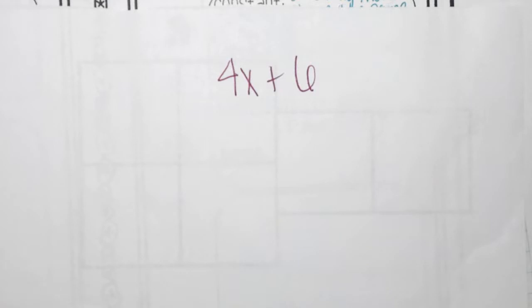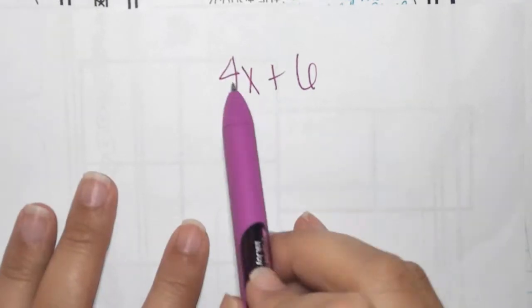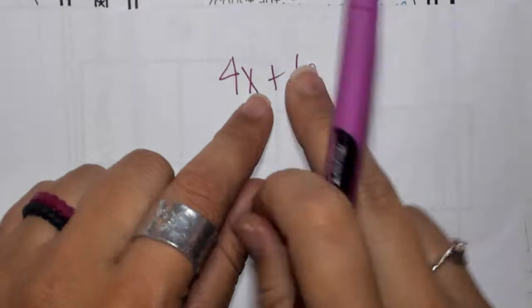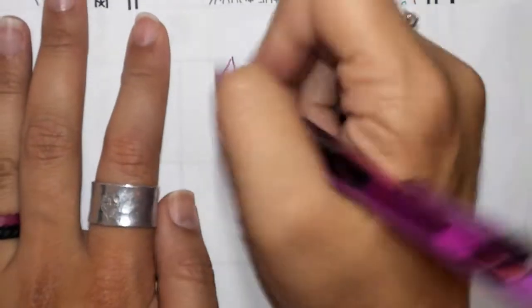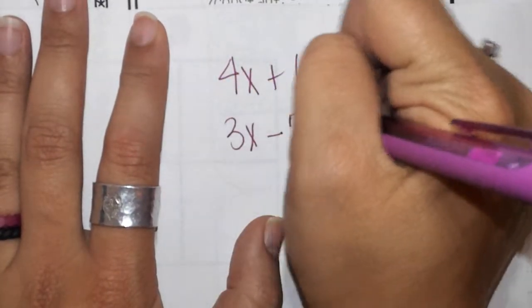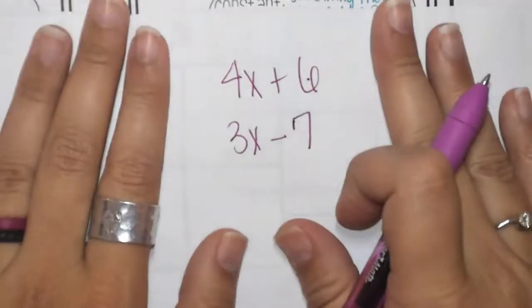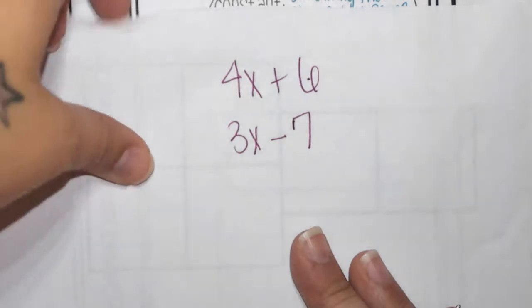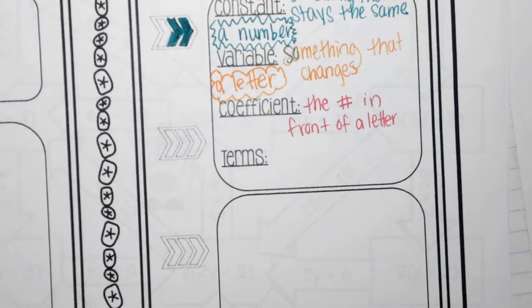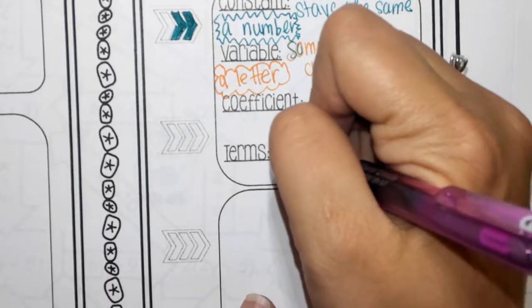What's the variable? What's the coefficient? How many terms are there? 2. Because terms are separated by a plus or minus sign. Now you would think 3, right? Because there's 1, 2, 3 things. But terms are separated by a plus or a minus sign. Does everybody understand? So a term is a letter or constant separated by a plus or minus sign.